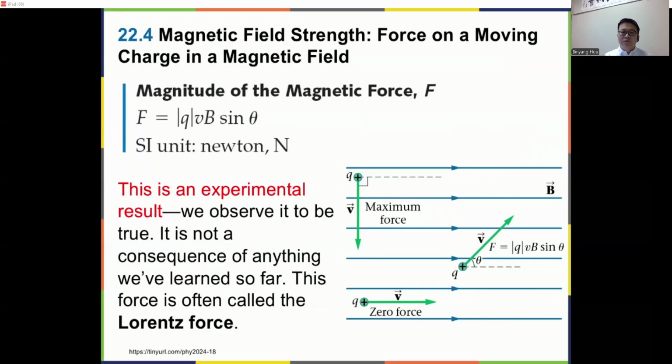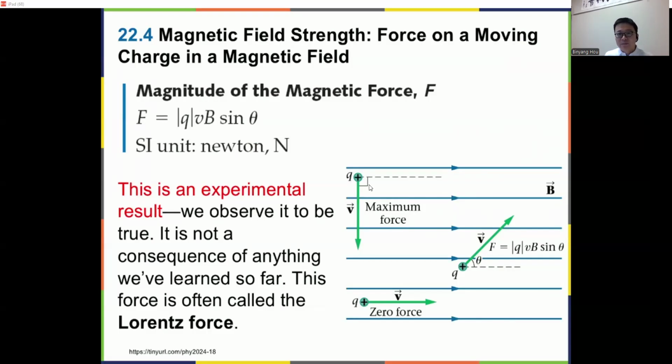So the force a moving charge experiences is equal to the absolute value of Q, times V, times B, times the sine of theta. Theta is the angle between the two vectors V and B, the velocity and the B vector. So you can see there's an angle involved. If velocity and B are in different orientations, then you get different magnitudes of force.